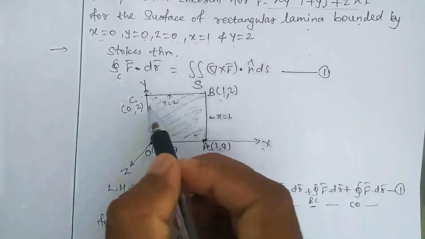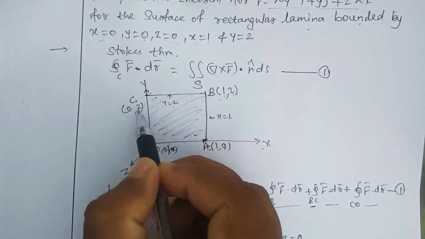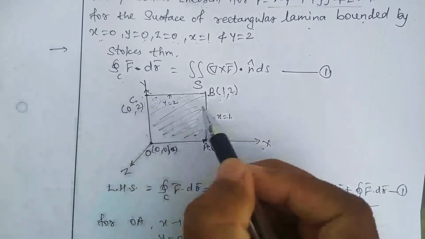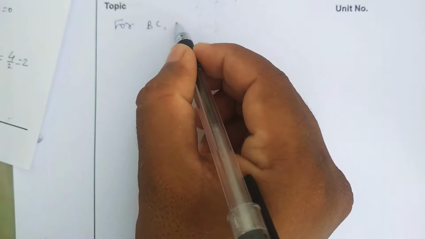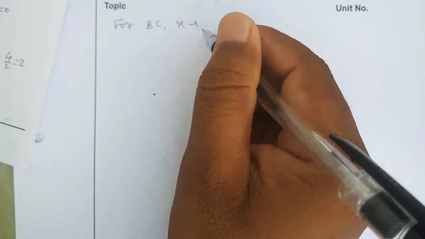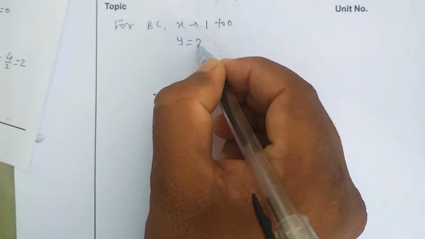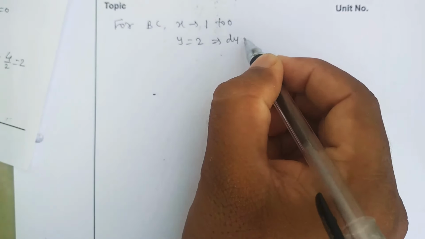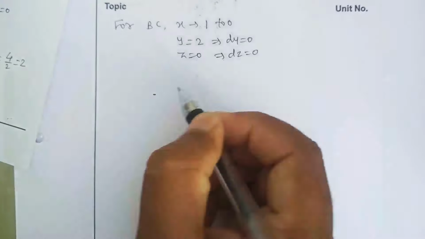That means x varies from 1 to 0. And the value of y is 2 here. Here also the value of y is 2. That means the value of y is fixed, that is 2. So for the line BC, x varies from 1 to 0 and y is equal to 2, fixed. This implies dy is 0. Also z is 0, that means dz is also 0.